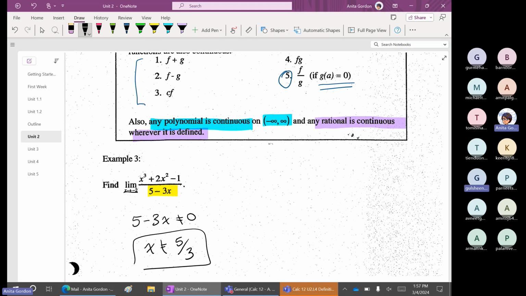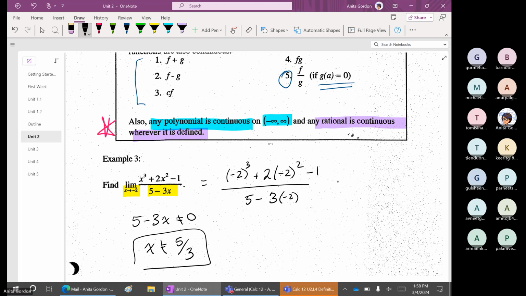If I'm looking at the limit as x approaches -2, this is not my restriction, so I can use direct substitution because I know it's going to be continuous because of what we just read.